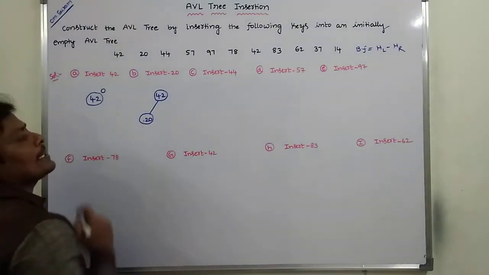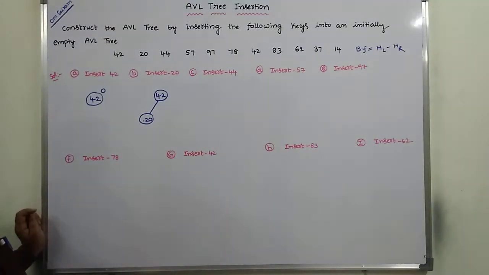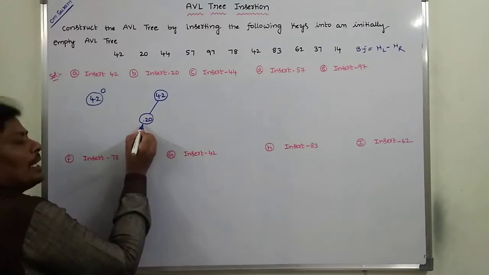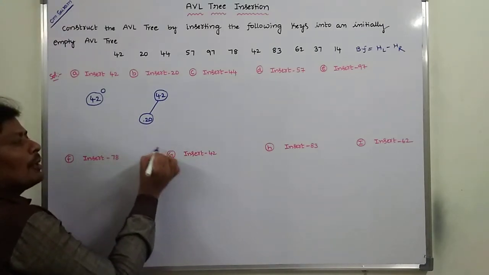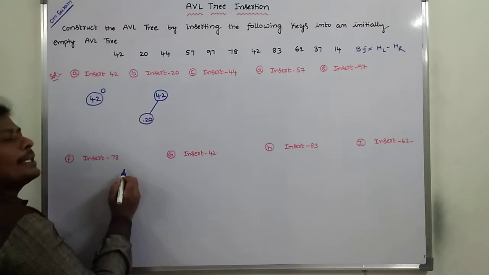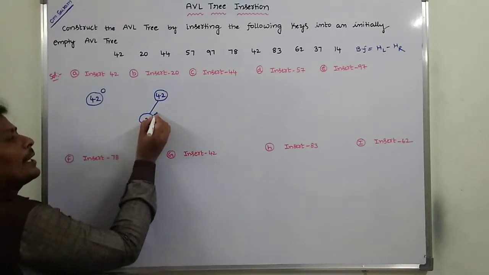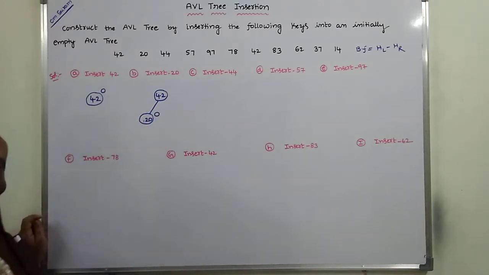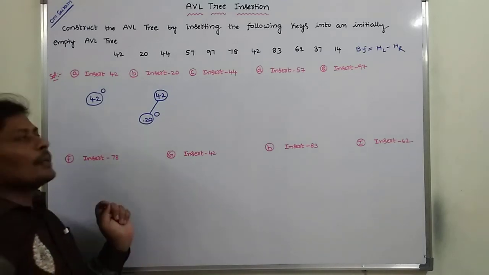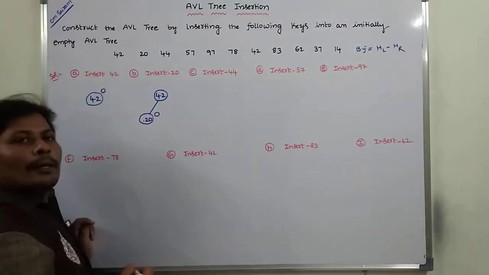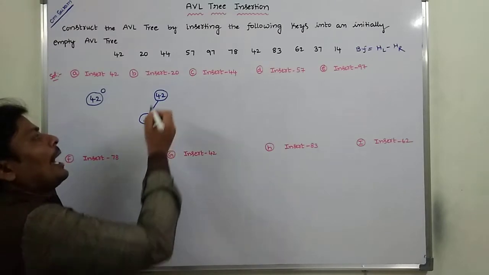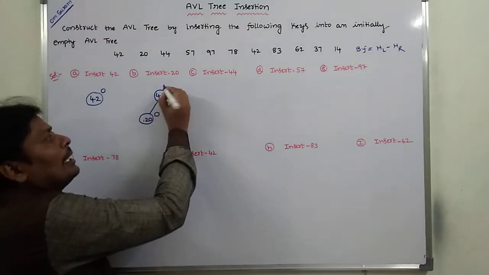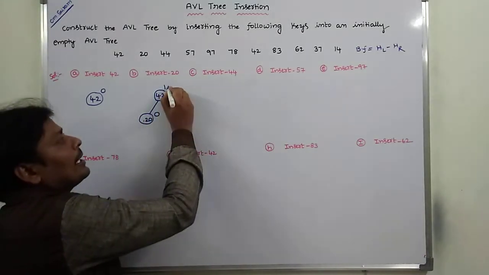Okay. Now what is the balance factor of 20? Here 20 has no left subtree and no right subtree. Height of left subtree is 0, height of right subtree is 0, 0 minus 0, that is 0. Next, for key 42, height of the left subtree is 1, height of the right subtree is 0.